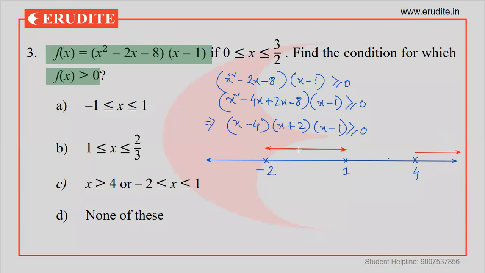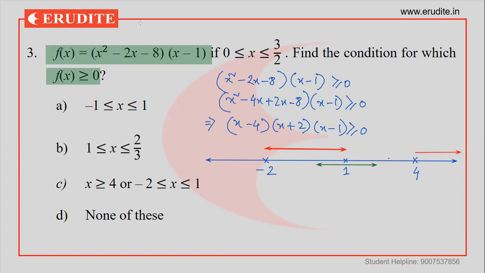This is satisfying only if x is greater than or equal to 0. But please try to get the idea of the other one. The other one means here it is 0 to 3/2. If x is given this, if x is greater than or equal to 0, it is satisfying that. But x is 0 to 3/2. So I will take 0 to 3/2. Let us say from here onward it is 0, and let us consider 3/2 is here.